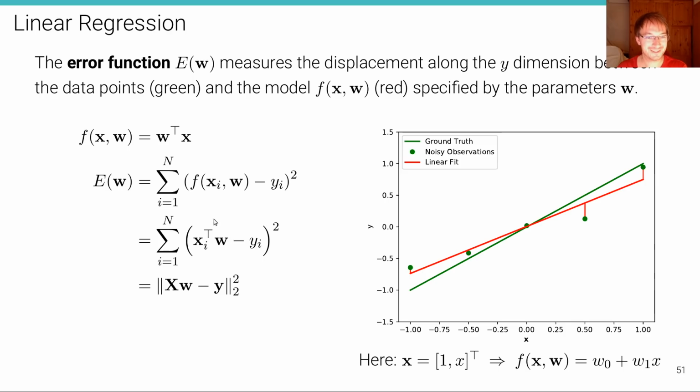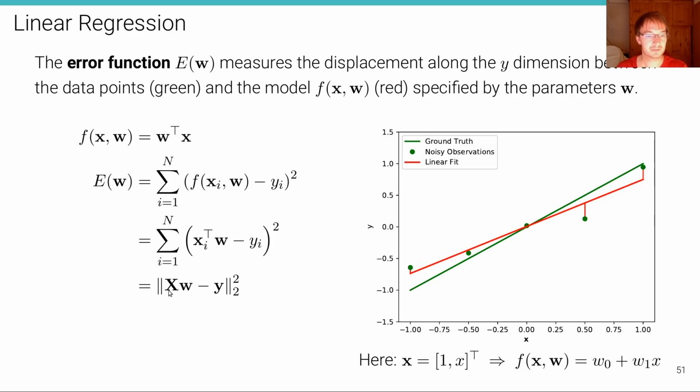Why did we make this transposition here? Well, with that we can write this expression here more elegantly using linear algebra. So we can simply write this expression here as the L2 norm of a matrix X times this weight vector w minus a vector y.